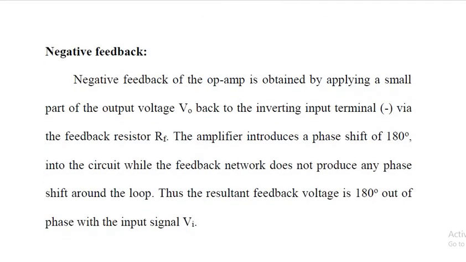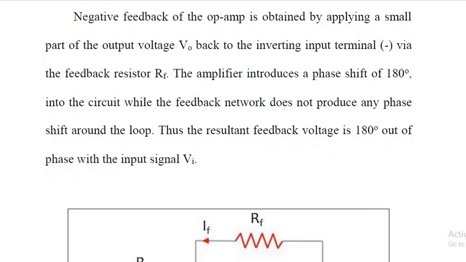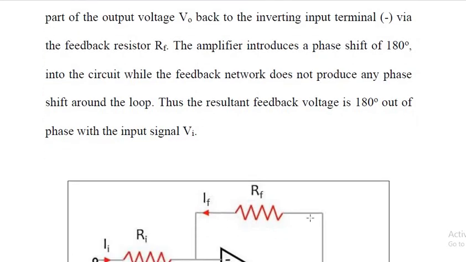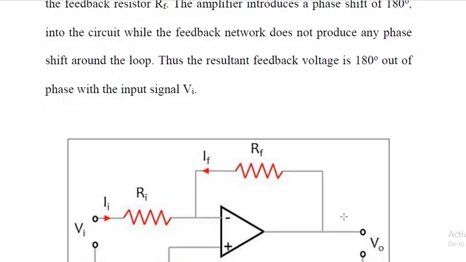Next, negative feedback. As the name implies, negative feedback is obtained by applying a small portion of the output voltage back to the inverting input terminal. Okay, if you see this diagram, the output voltage is supplied to the inverting input terminal.